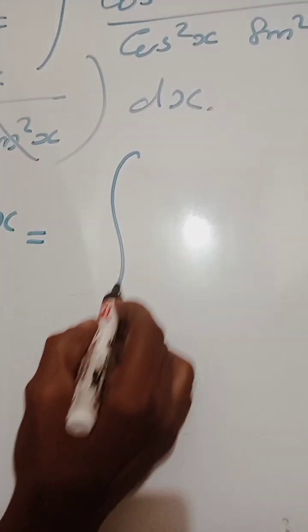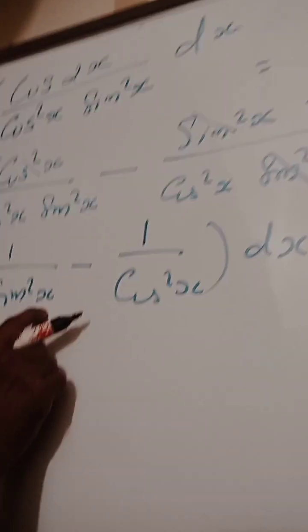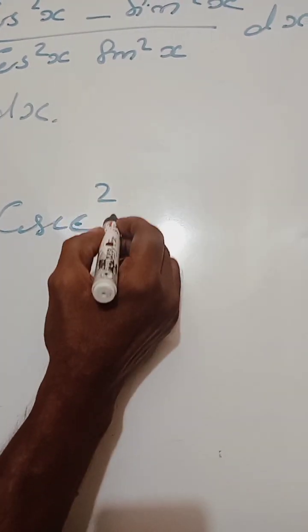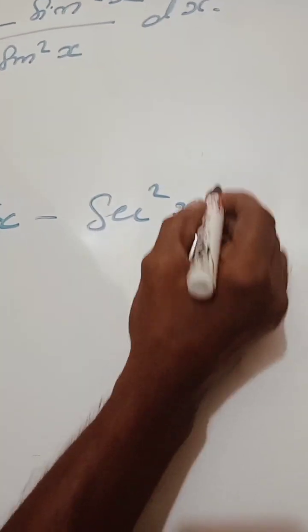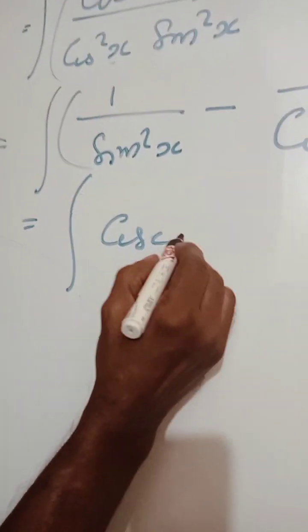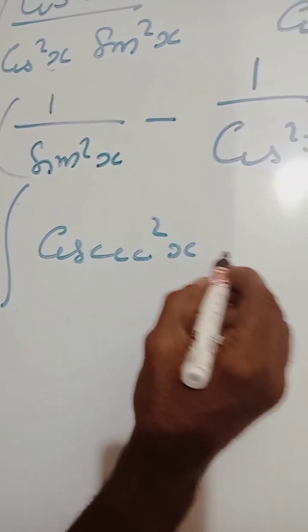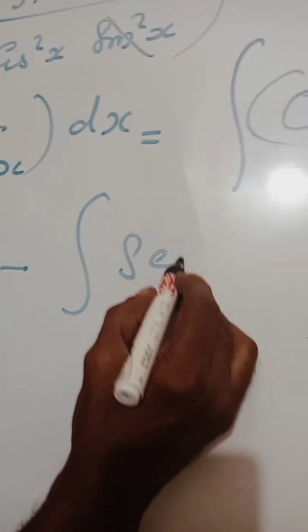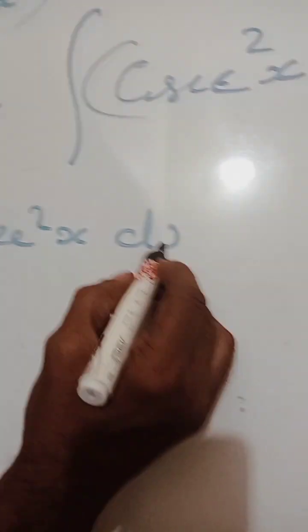This is equal to integration of, we know that 1 by sin square x is equal to cosec square x, minus 1 by cos square x is equal to sec square x dx. This is equal to integration of cosec square x dx minus integration of sec square x dx.